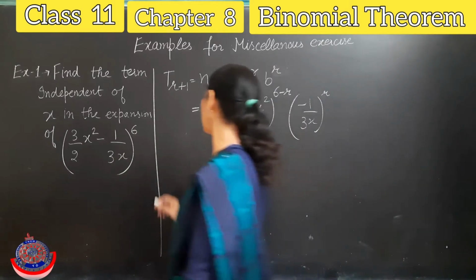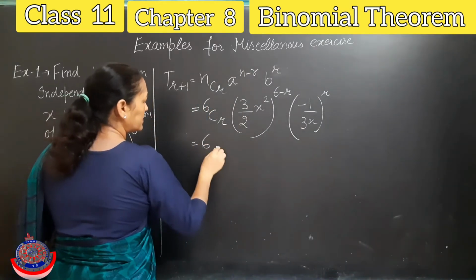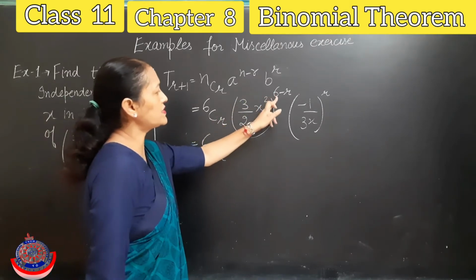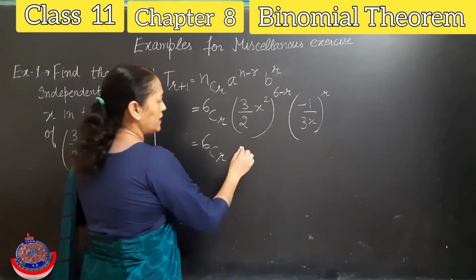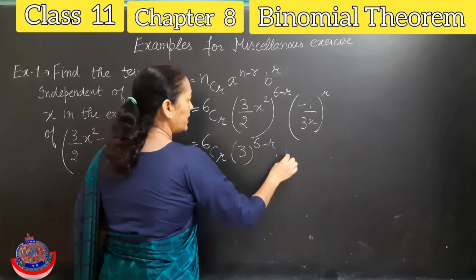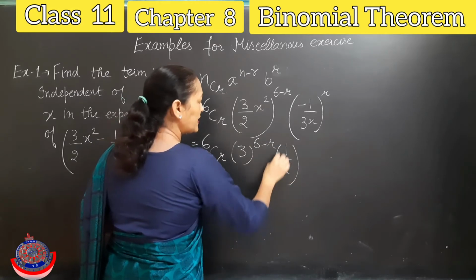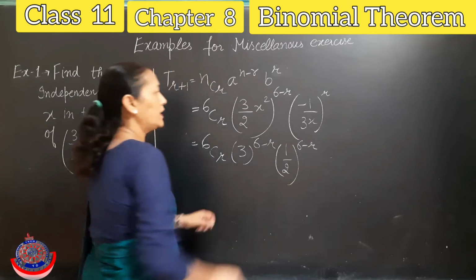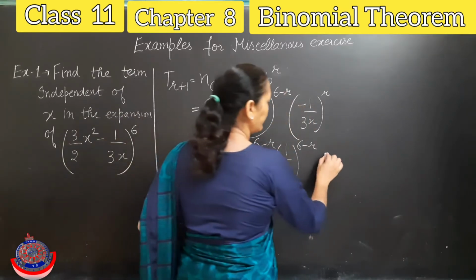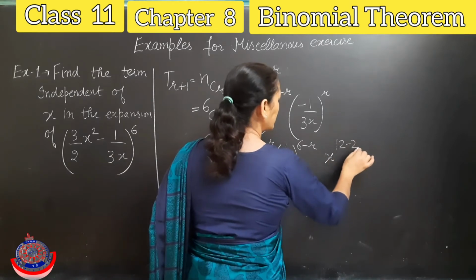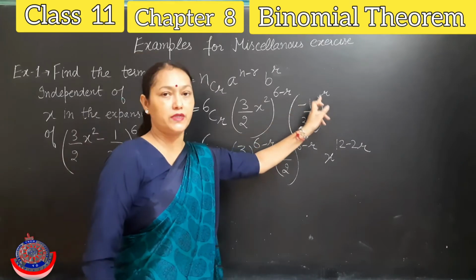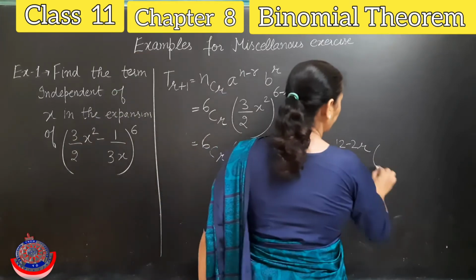Now if we expand this, 6Cr, here 3 upon 2 is having power 6 minus r, so we can write 3 power 6 minus r, then 1 upon 2 power 6 minus r, x square having power 6 minus r means x is having 12 minus 2r, and the minus sign coming r times, it's not known, so we'll be keeping it like this only.